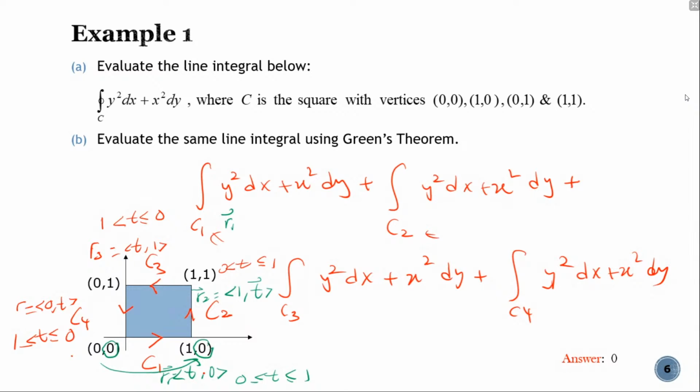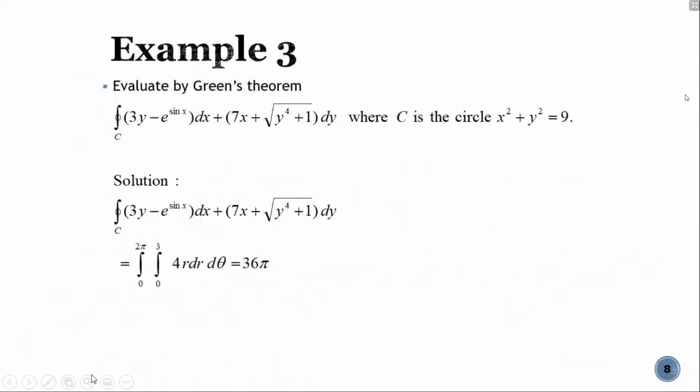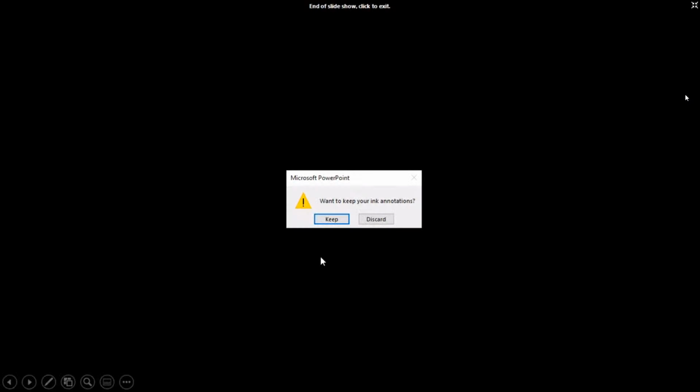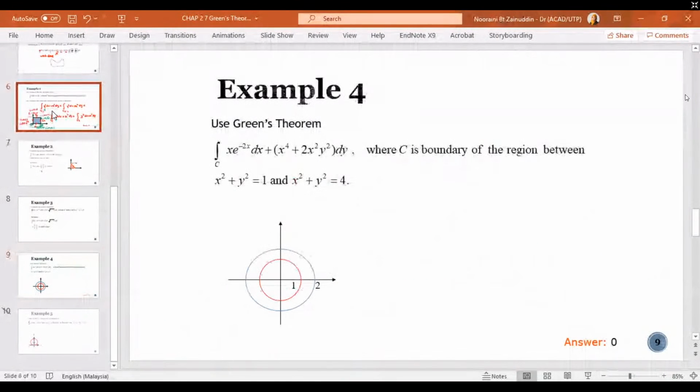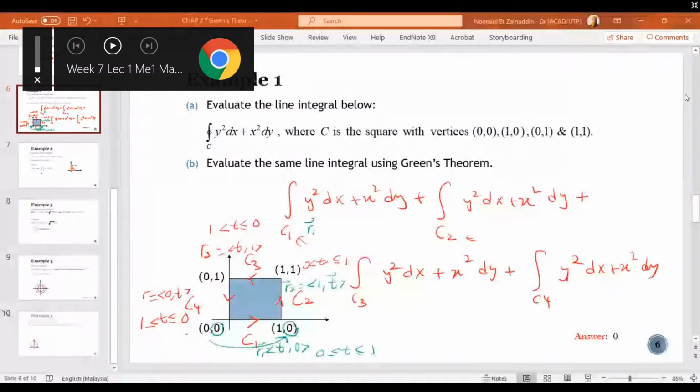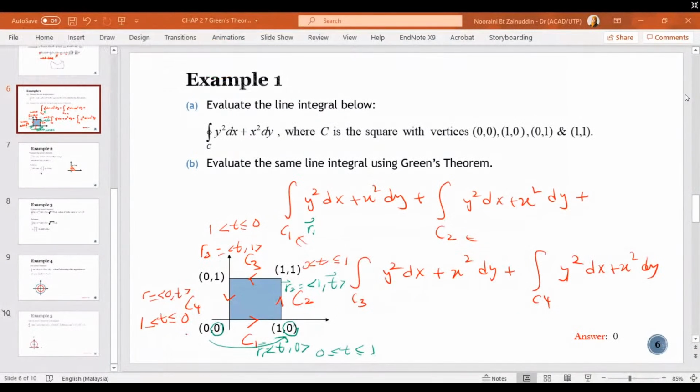Do you remember this question? That is what we covered previously. Then you add up all your answers from C1, C2, C3 up to C4.